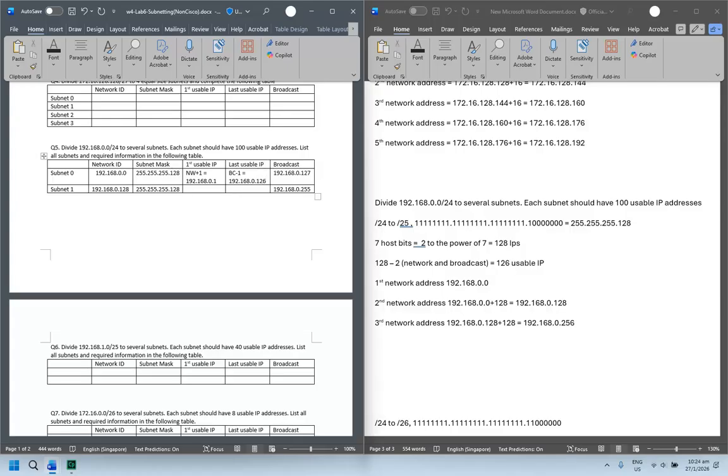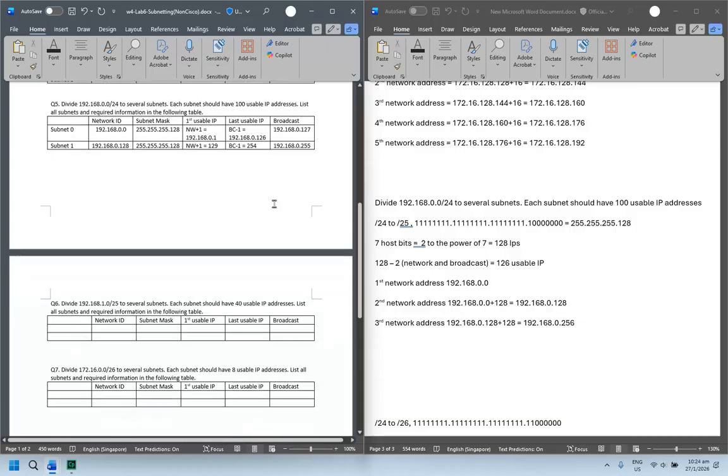Same thing here. Network plus 1 equals 129. Broadcast minus 1 will be equal to 254. So now you will have the range of usable addresses to use for the two subnets or the two groups of network that you have created.